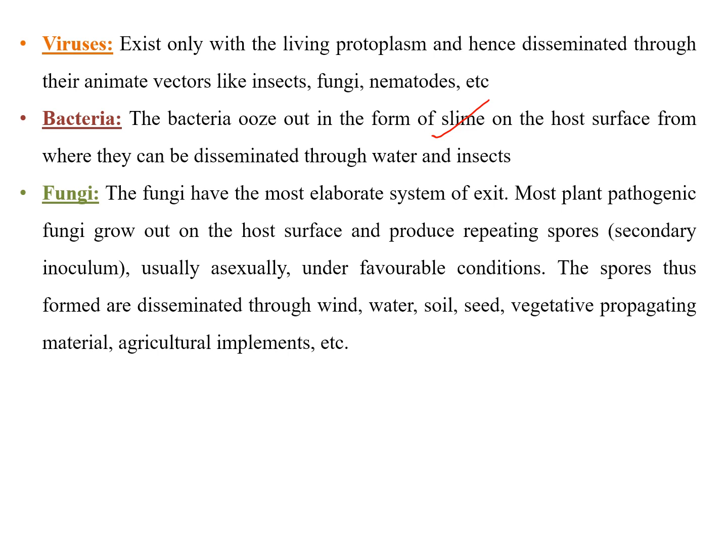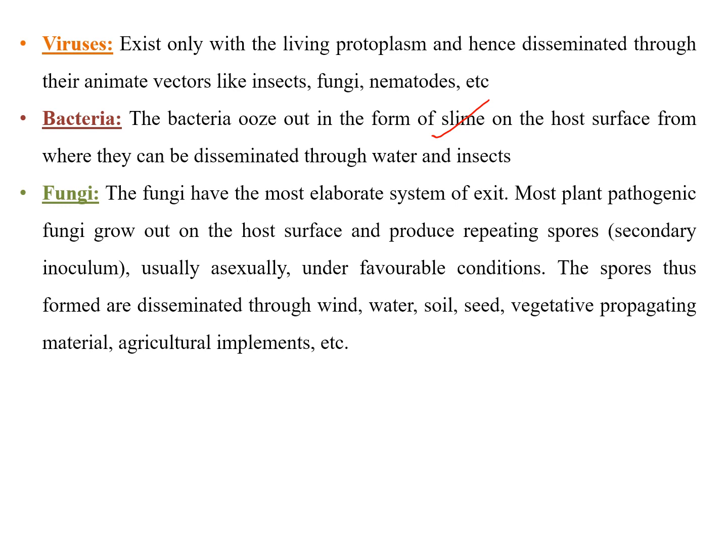Fungi have the most elaborate system to exit. Most of the plant pathogenic fungi grow on the host surface and produce repeating spores, which we call secondary inoculum. That secondary inoculum is generally asexual spores produced under favorable conditions.